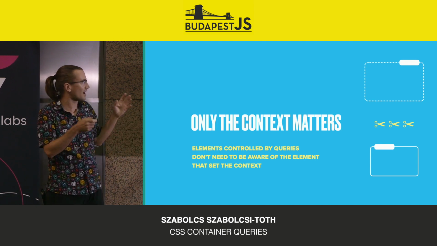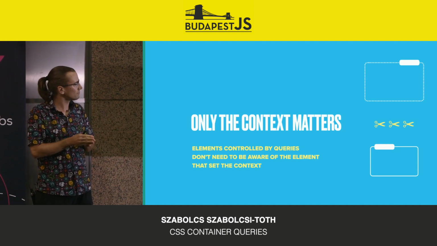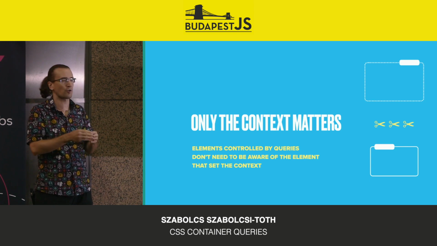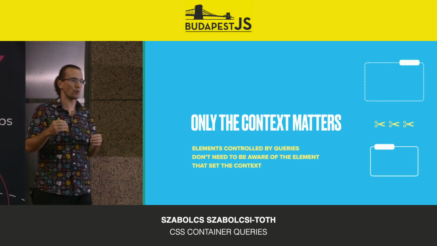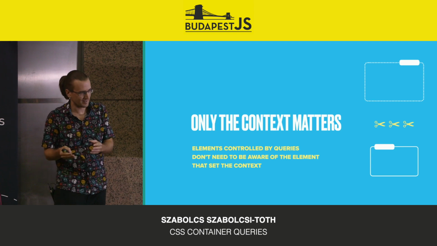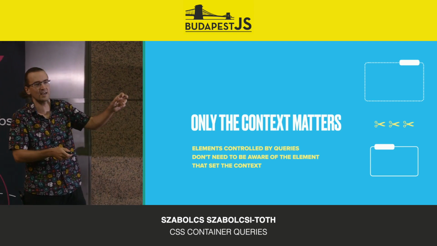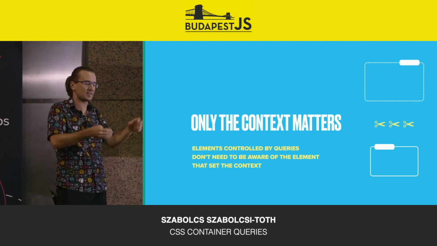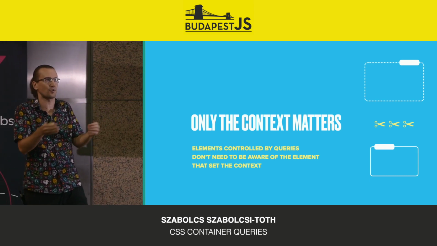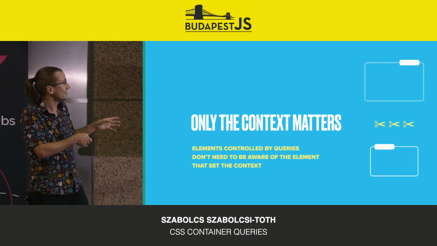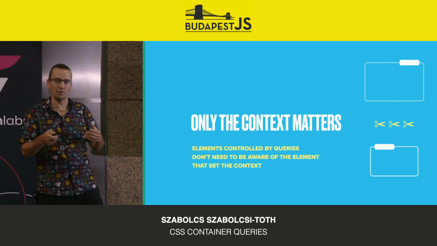The elements are only controlled and set up by the containment context. So if you're thinking about components, you don't have to pass in the container element's class name or anything like "I'm inside this .container thing, yes or no." You don't have to do that because CSS resolves that for you with the containment context.